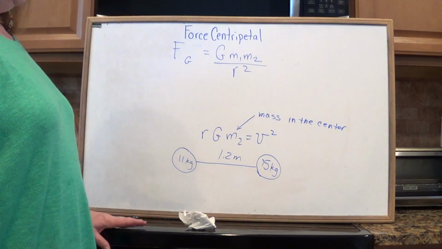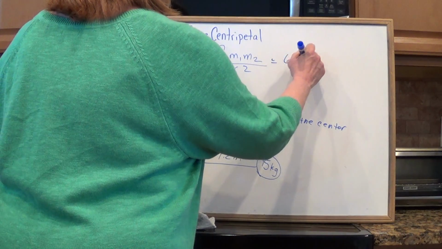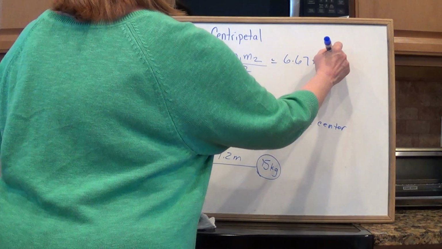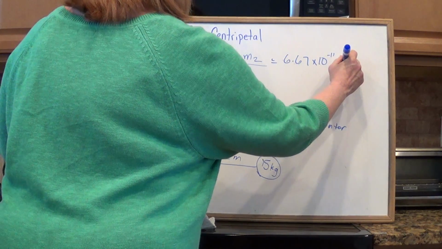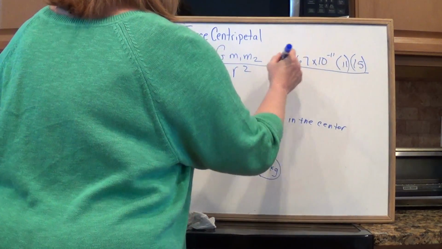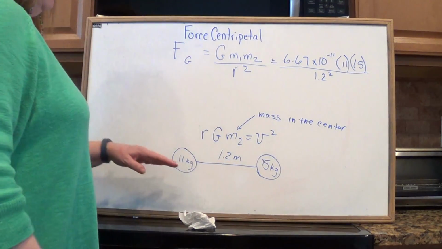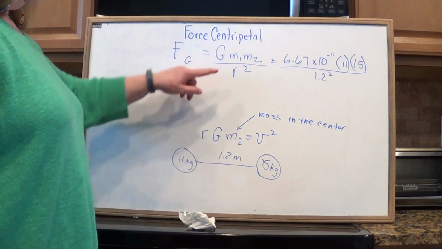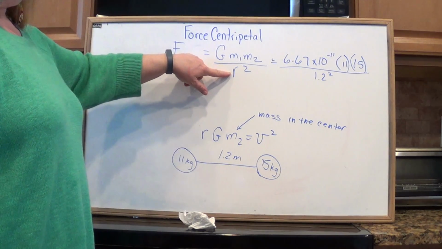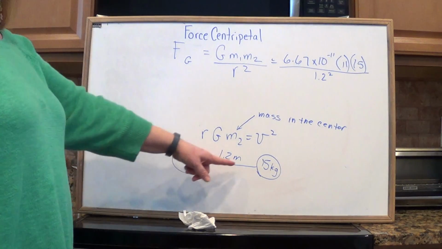We'll just head on into this one. So G is 6.67 times 10 to the minus 11. Mass 1 is 11. Mass 2 is 15, and it's divided by 1.2 squared. If this isn't spinning around this one, you'll notice r is just the distance between the two. So r takes on that in this scenario.